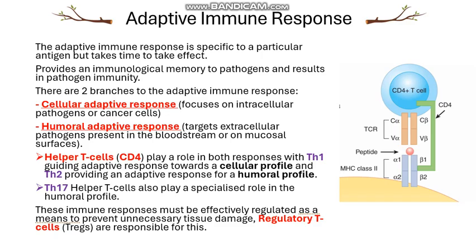This orange receptor that we can see is the T cell receptor, which all T cells have, and these helper T cells are defined by having the CD4 co-receptor shown here in green next to their T cell receptor, and that's basically what characterizes the helper T cells.